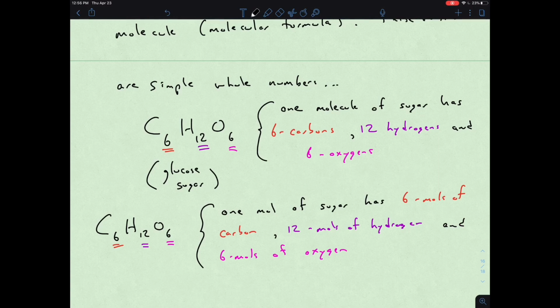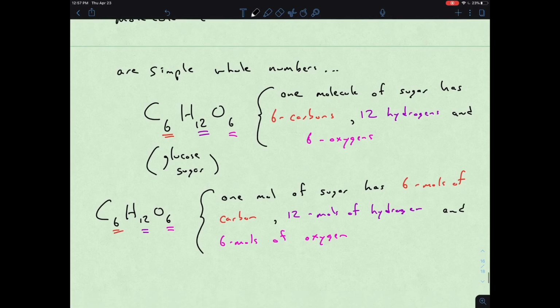So that's that inherent important relationship between the formula, atoms, and moles, that they're all really related to one another. They're all really saying the same thing, allowing us to relate one thing to another.